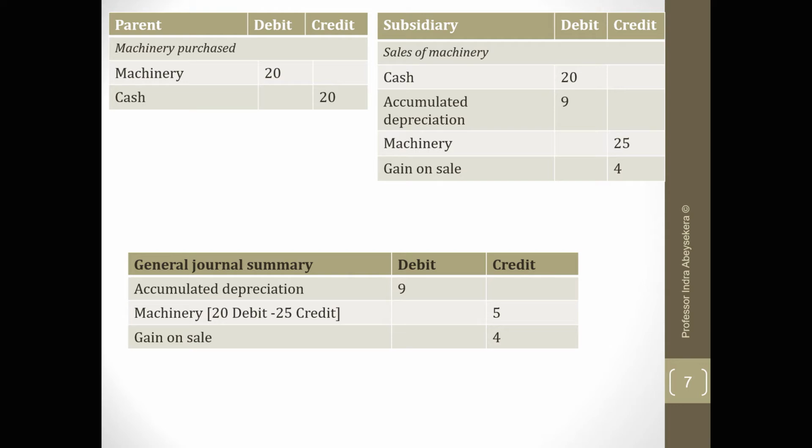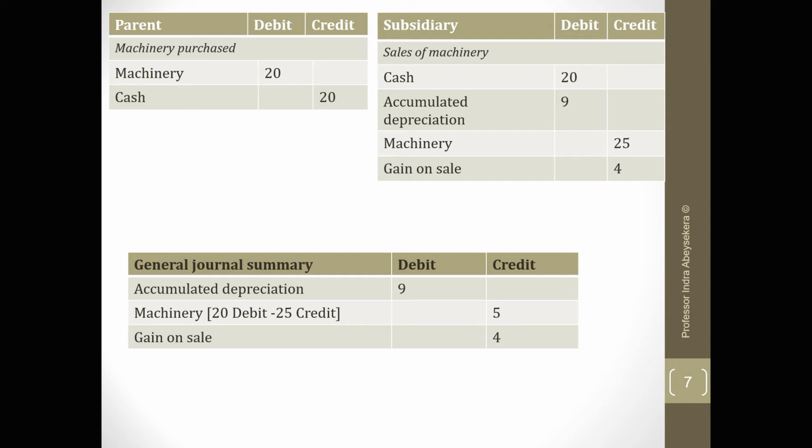If you look at the general journal entries, when we sell the asset, subsidiary debits accumulated depreciation and credits machinery and receives cash of 20 and makes a gain of 4. Parent receives the asset and pays cash 20.